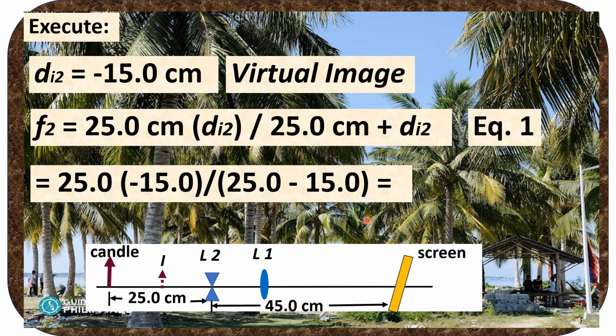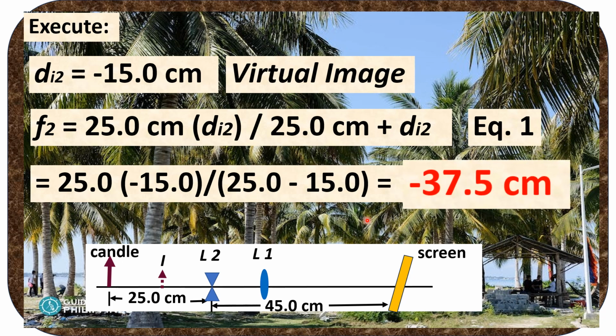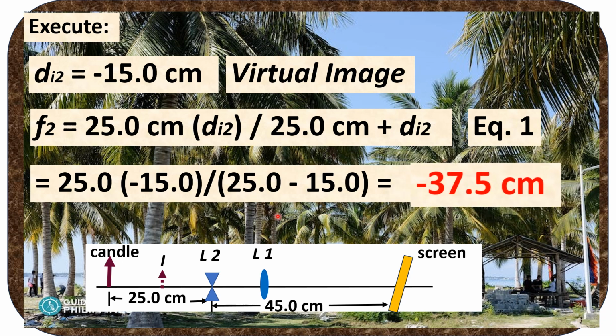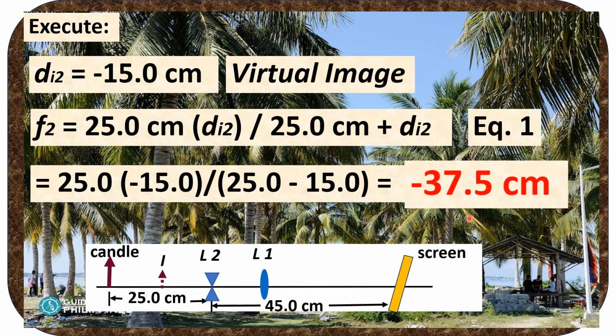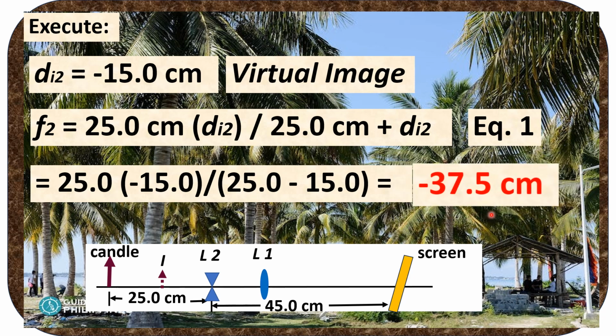So doing our math, we get the value for the focal length f sub 2, or the focal length of the diverging lens, equal to negative 37.5 centimeters.